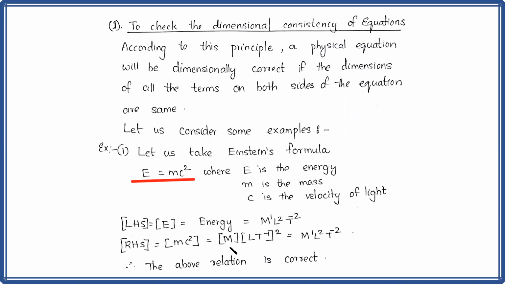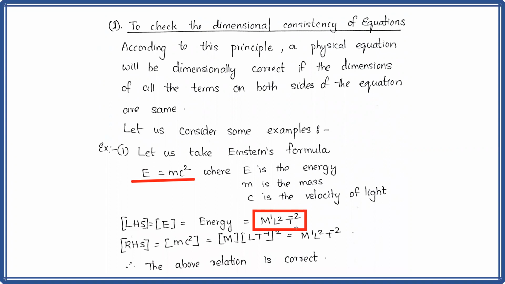For mass it is M, for velocity it is LT^-1, and it has a square, therefore the whole to the power of 2. That will become M^1 L^2 T^-2. Clearly you can see now, the LHS has a dimensional formula M^1 L^2 T^-2.